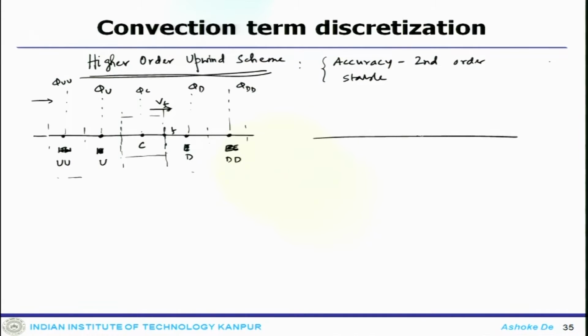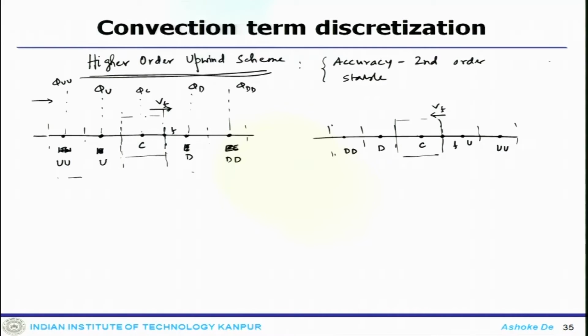Similarly, one can see if the velocity is in this direction rather. So, this is our C, and if you have an element like that, and for example, for this element face, at this face the flow field goes in this direction, the Vf is in this direction, then this is the cell face and it goes in this direction, this is D. This is upstream of that, this would be the upstream, and this will be the downstream.